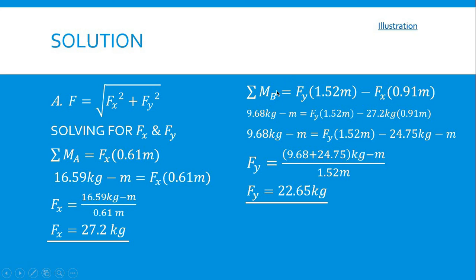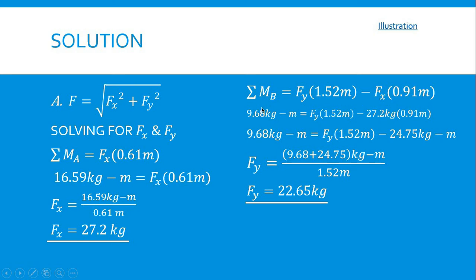So in getting the summation of moments in B, summation of moments in B is equal to F of Y multiplied with the distance 1.52 meters minus F of X multiplied with 0.91 meter.